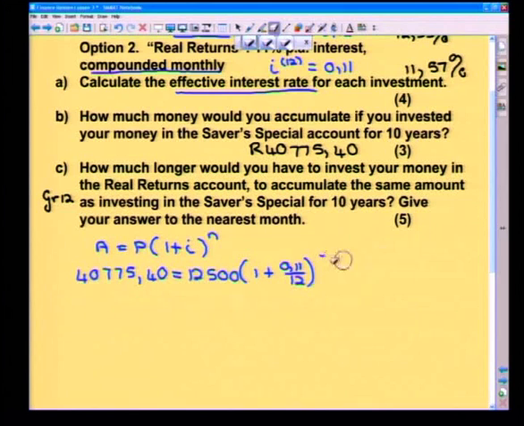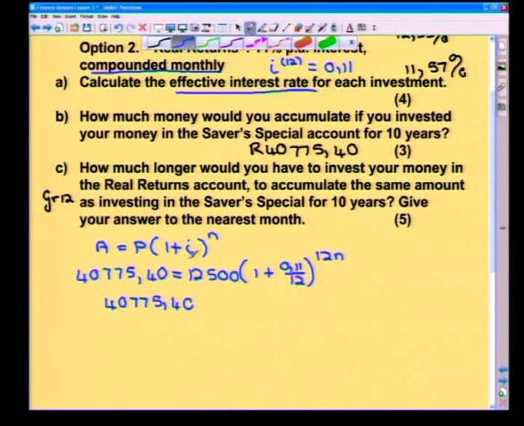We know that we're going to do it to so many years, but every year is going to have 12 calculations. Now, you can see that the problem here is we've got a power. Let's just tidy it up a little bit so you can see why our matric work becomes important. So it's 40,775.40, and obviously to lose this, we need to divide by 12,500. And that's equal to this here.